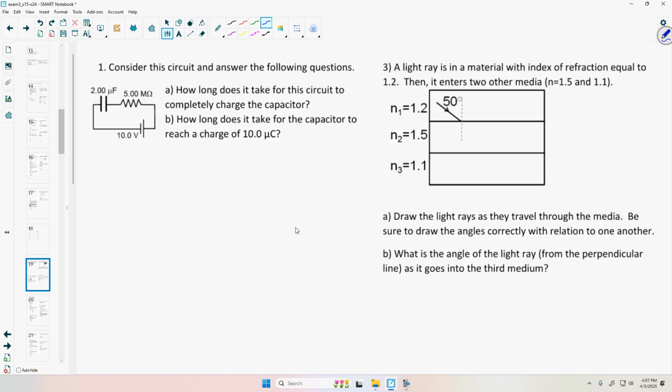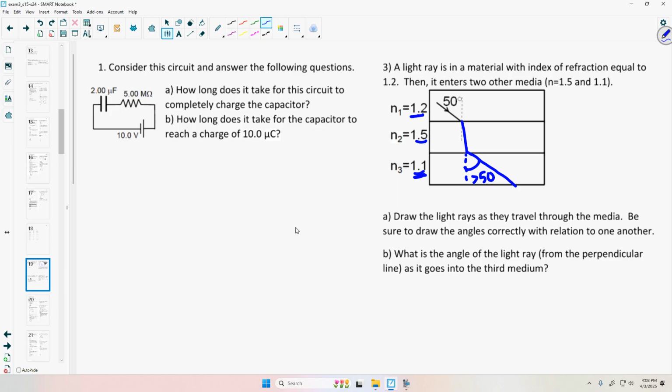So as I move from the low to high, I'm going to move towards the normal. And then as I move from high index to low index, I'm going to move away from the normal. And by the way, also, since this is a lower index than here, I know that this angle must be greater than 50 degrees, right? You don't have to write that, but it helps me to think about if I'm going to get the answer right or not.